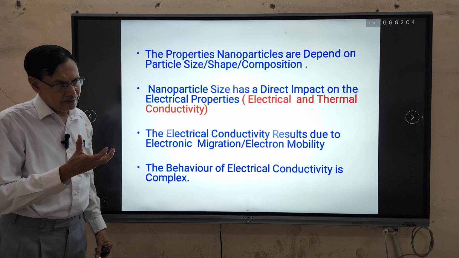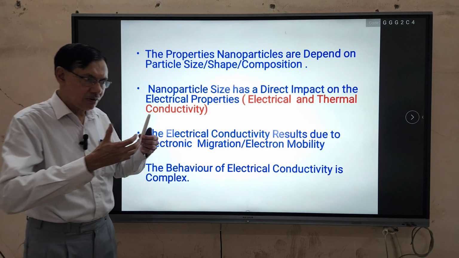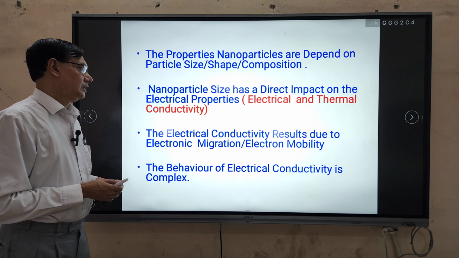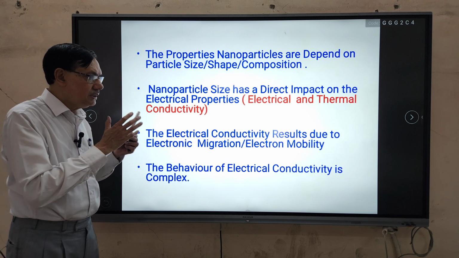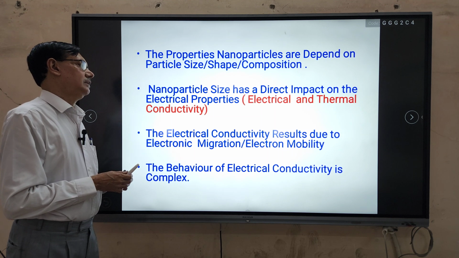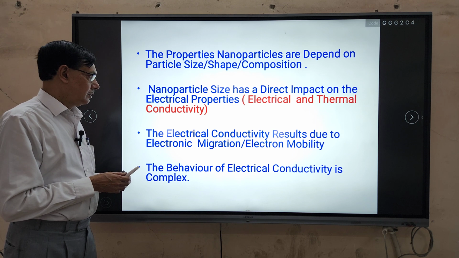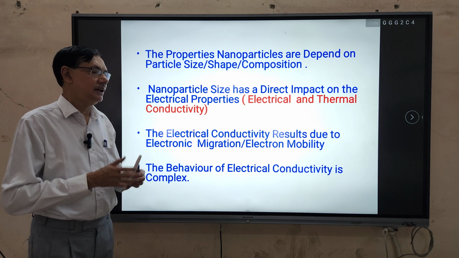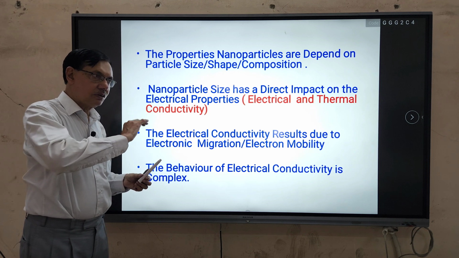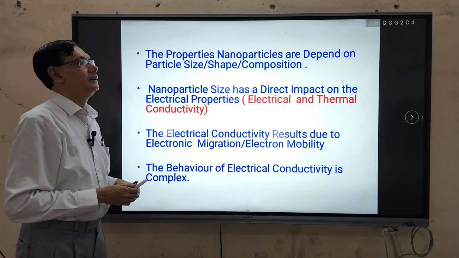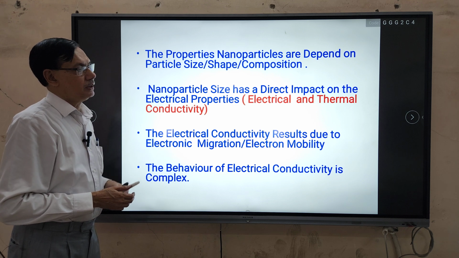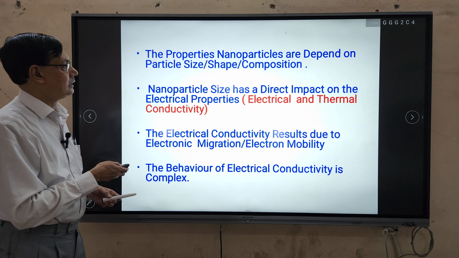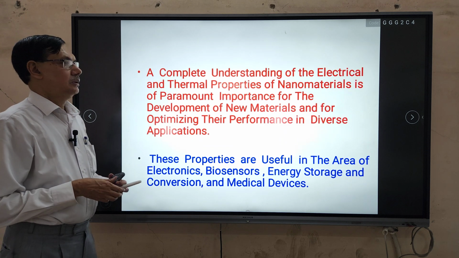And as you know, you are all aware of the conductance, the migration of the ions and other things. So whenever we are talking about the change in electrical conductivity, of course it depends upon the electronic migrations and electron mobility, electrons available in the conduction band. So that is very important, and there are other factors also. I will come to the other properties later.